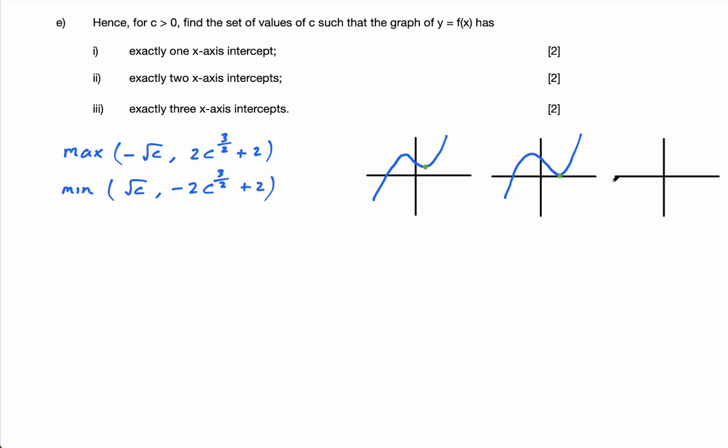And then finally, for it to have 3 x-intercepts, it's going to go up, down, cross the x-axis, and cross the x-axis again. Here, my minimum is going to have to be negative because it's below the x-axis.